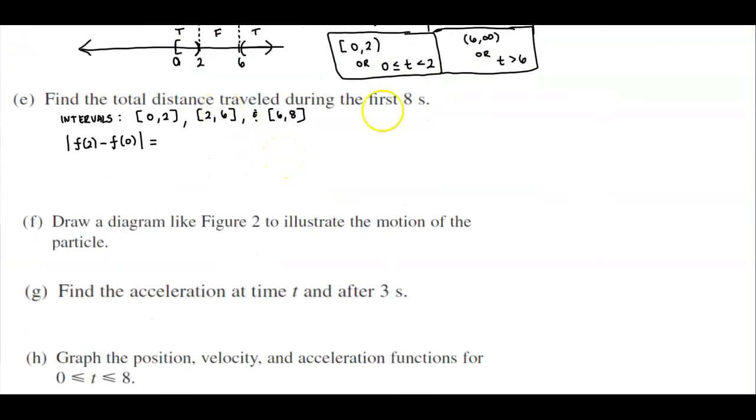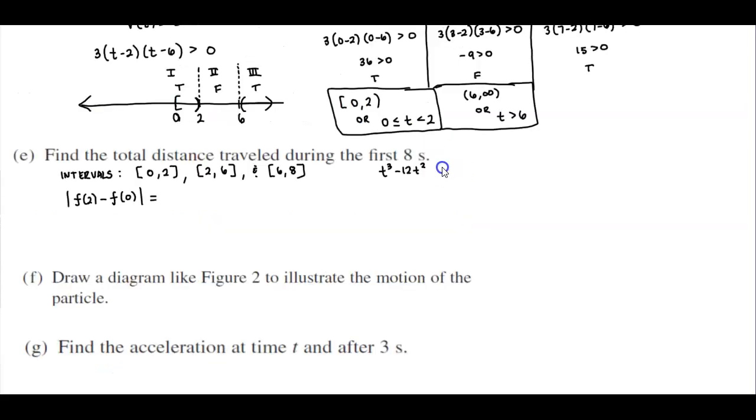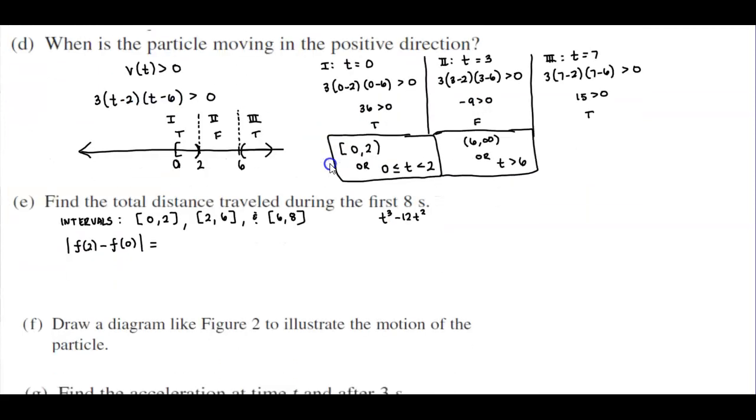So that means that we have f at 2, so we have 2 cubed minus 12 times 2 squared plus 36 times 2, minus 0 cubed minus 12 times 0 squared plus 36 times 0.